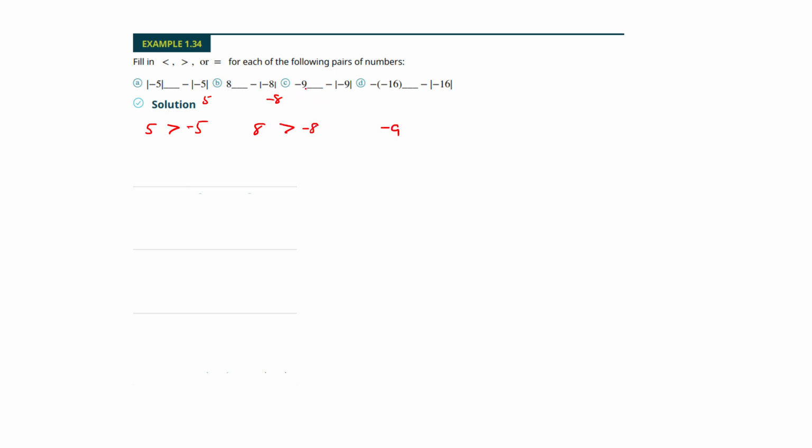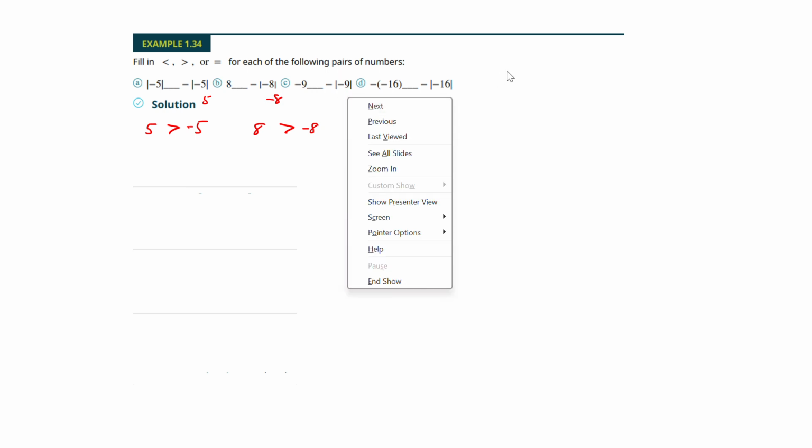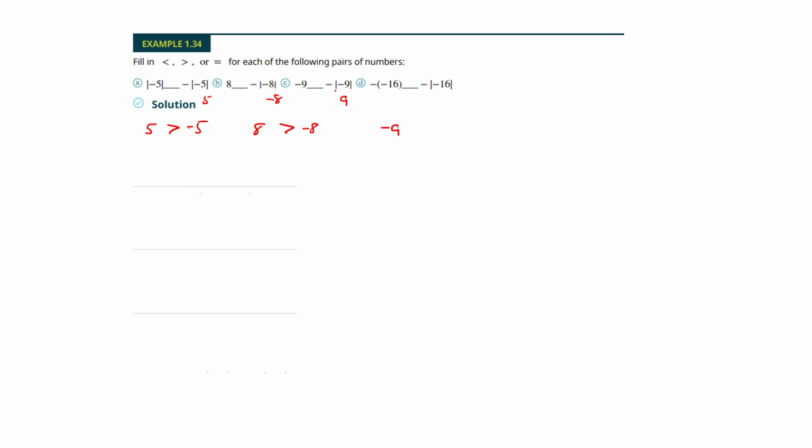This next one I have a negative 9. Now negative 9 in an absolute value is positive 9. I got a negative out front, so that turns into negative 9 and negative 9, so they're equal. I've got an opposite of negative 16 is 16. That's 16. It's got a negative out front, so negative 16.